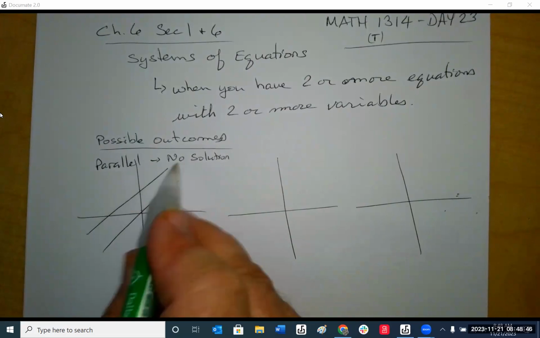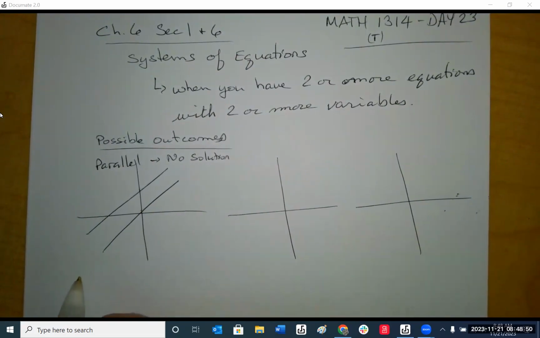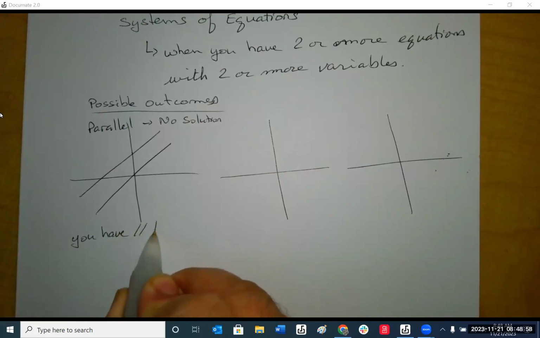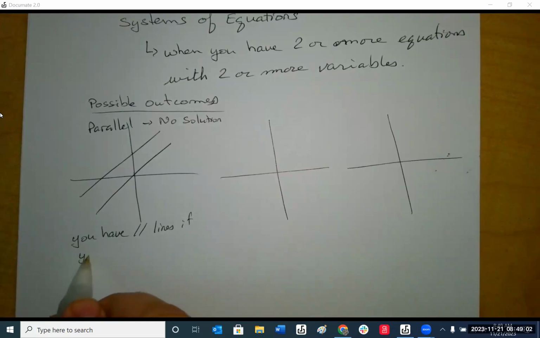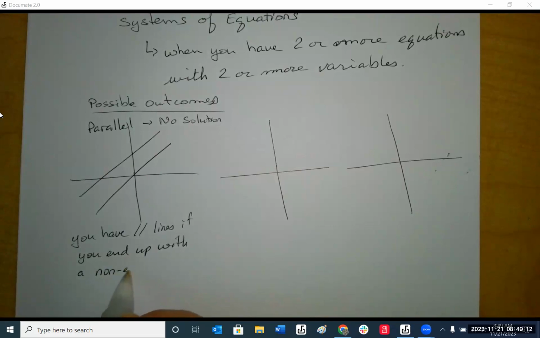Now, you have two lines that are parallel if you end up with a non-equality.